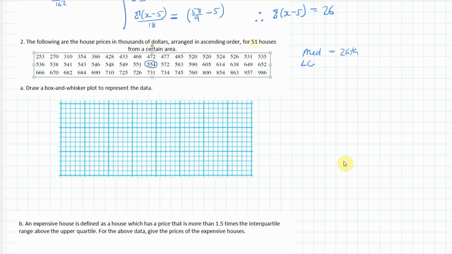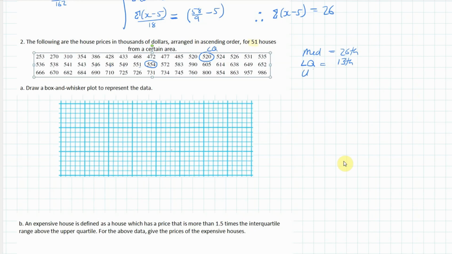The lower quartile is going to be 51 times 0.25, so we're looking for the 13th item of data. And so that will be 1, 2, 3, 4, 5, 6, 7, 8, 9, 10, 11, 12, 13. So this is the lower quartile.